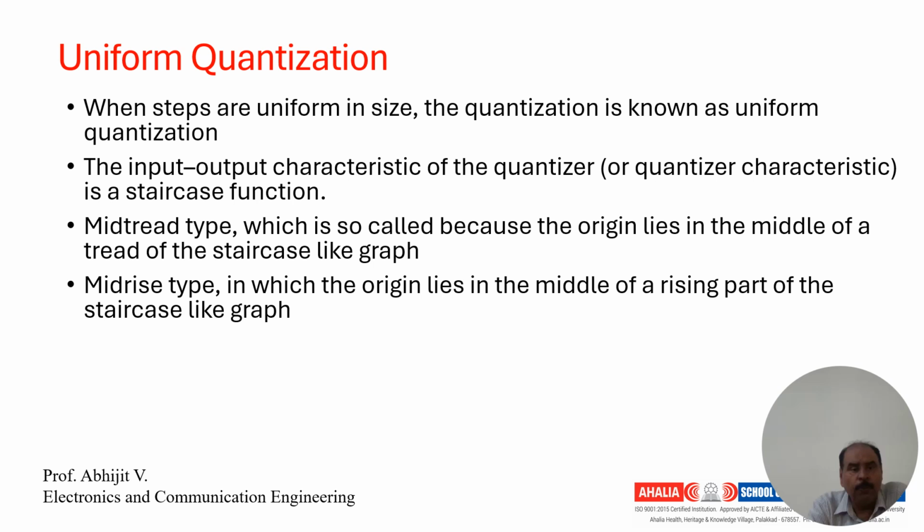In other words, this is equal to 3 into 2 raised to 2R divided by F square. The parameter F is known as the crest factor of the message and is defined as the peak value of the signal, M max, divided by the RMS value, sigma M.